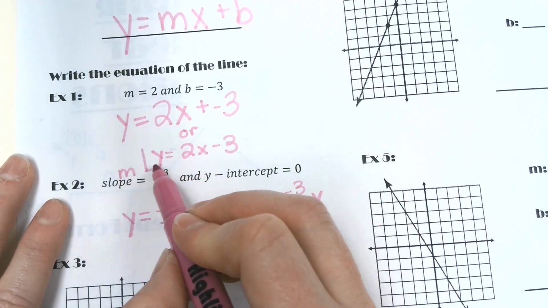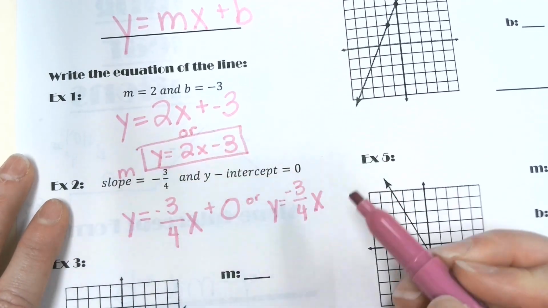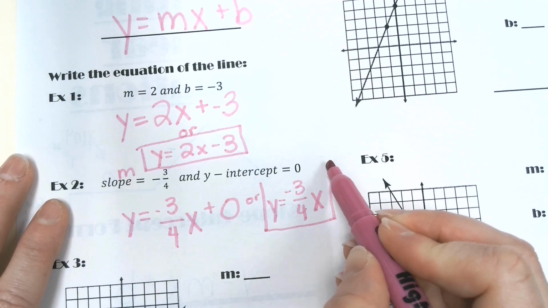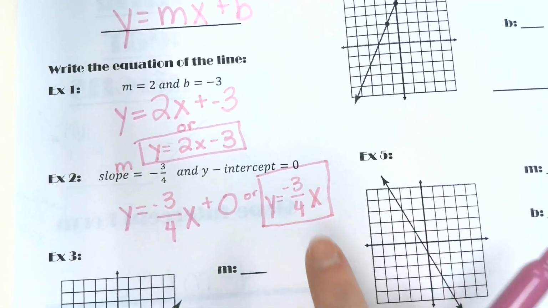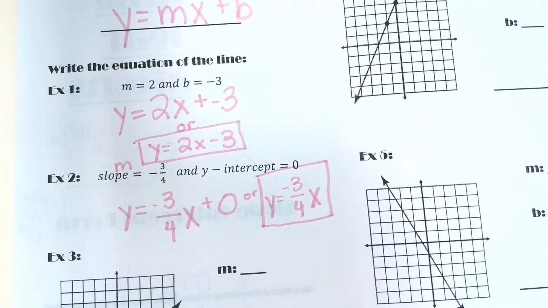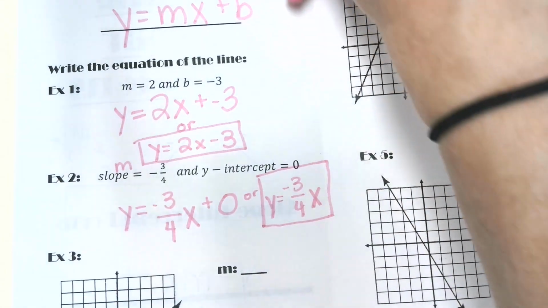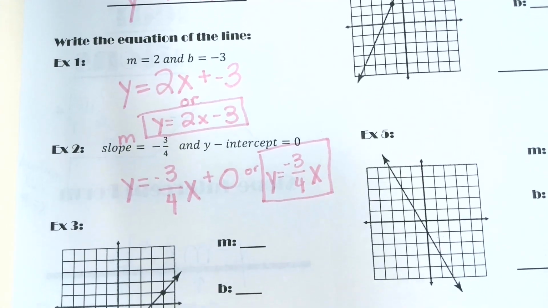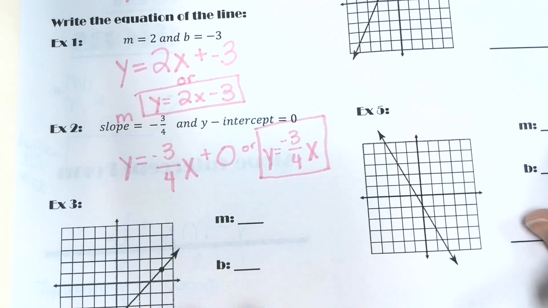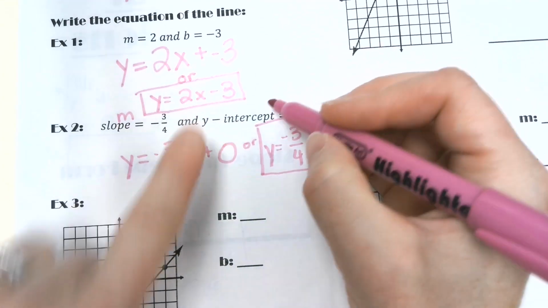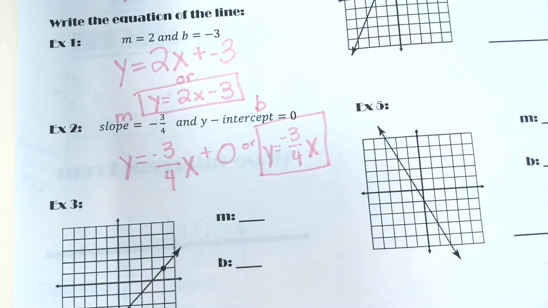I'm going to put boxes around my equations. So if it has a y-intercept of 0, it goes through the origin. Or y-intercept is b. I forgot to write that there.